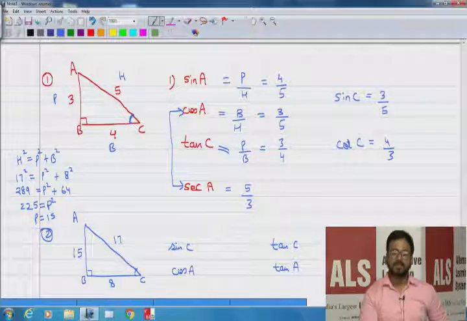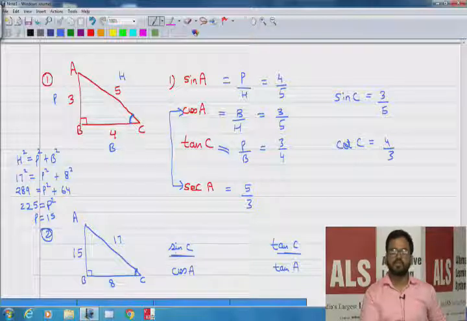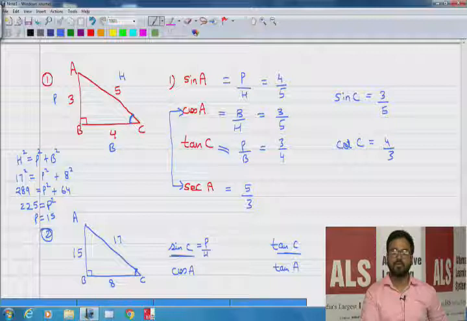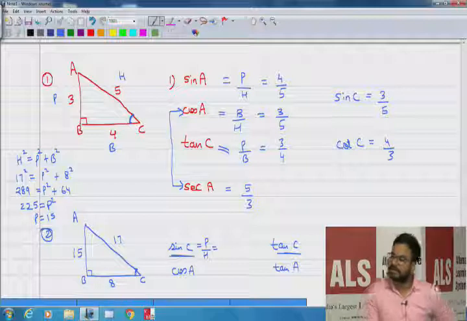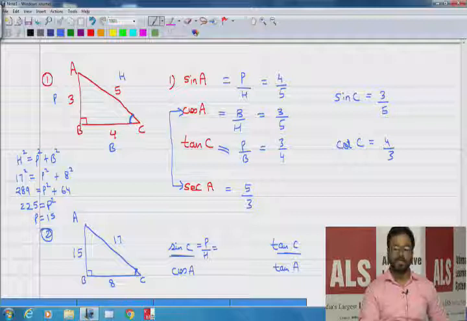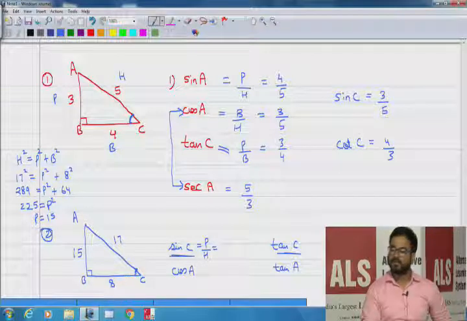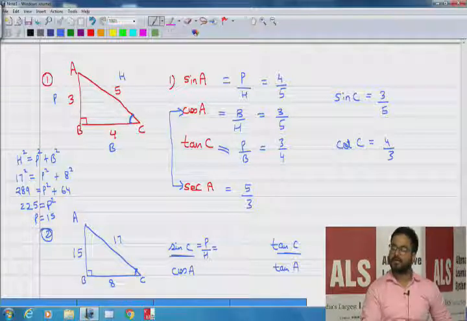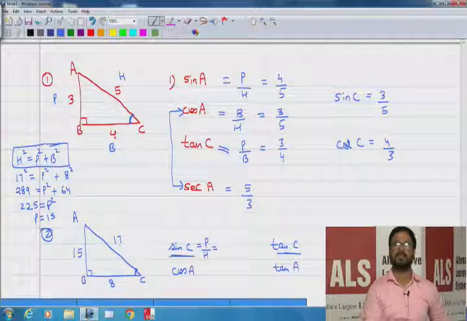Now sine of C. If I am considering C as my angle, so we have to consider this one and this one. So sine of C is nothing but perpendicular upon hypotenuse. So for C, the perpendicular is 15. The Pythagoras theorem is written: hypotenuse square is equal to perpendicular square plus base square.